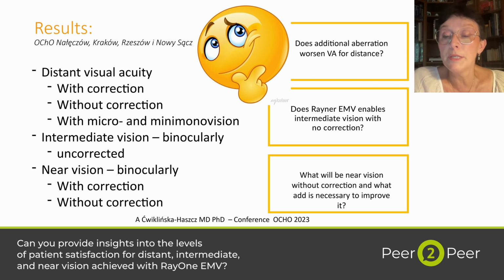And what will be near vision without correction, and what aid is necessary to improve it? A very important issue here is that when we do both eyes, which is recommended, we have to check both eyes' performance. And we have to explain to our patient that correcting presbyopia is some kind of compromise.